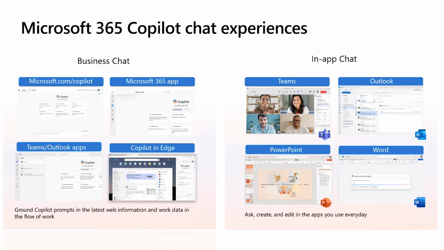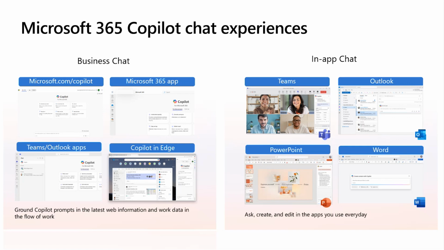Business chat or biz chat is the chat experience at the core of Microsoft 365 Copilot. It understands your priorities and context by analyzing your work, applications, and data, as well as the internet to help you catch up, analyze, summarize, learn, and create. This chat is accessible from multiple entry points to assist you wherever you work.